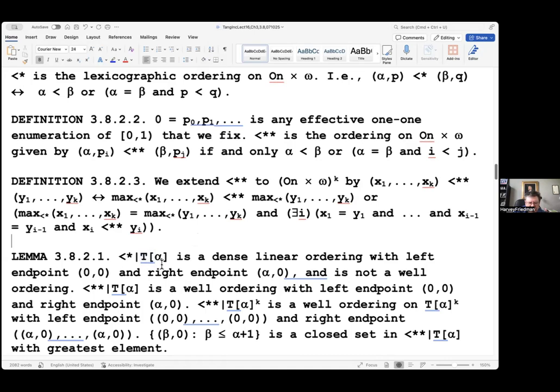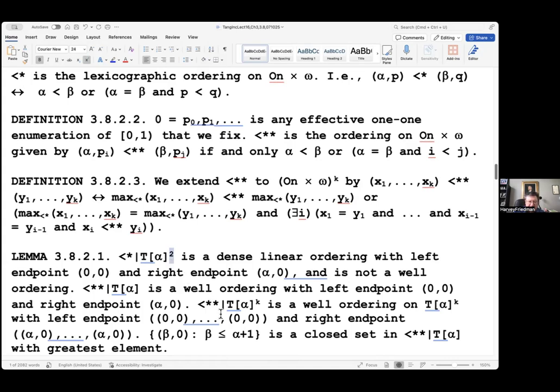When I restrict to the actual set, it seems to be like this. Less than star slash T alpha squared is a dense linear ordering with left endpoint 0,0 and right endpoint alpha 0. And it is not a well ordering, of course. And less than double star has the same left endpoint and the same right endpoint. That's important, see?